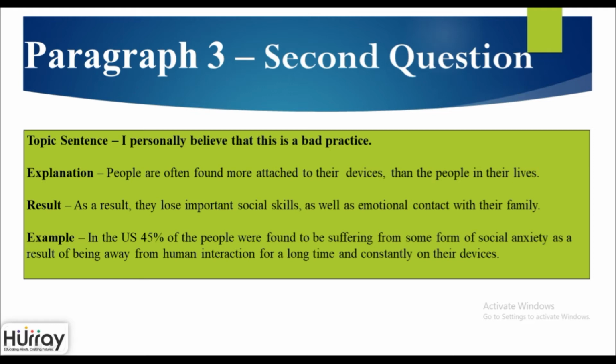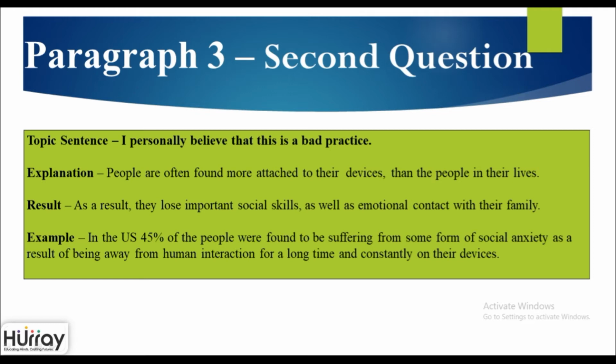And to elaborate further, you can talk about the result of this and say that as a result, they lose important social skills as well as emotional contact with their family. As an example, it is stated that in the US, 45% of the people were found to be suffering from some form of social anxiety as a result of being away from human interaction for a long time and constantly on their devices.